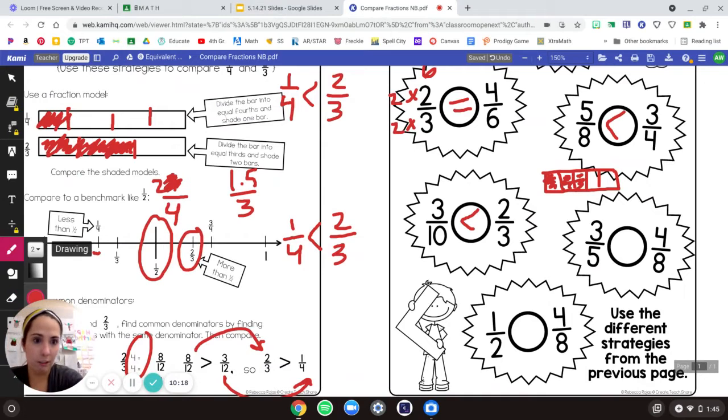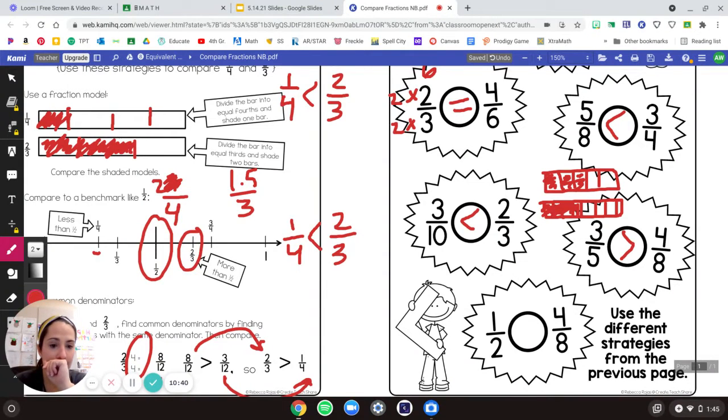Sorry, friends. That's why I don't like the drawing one as much. All right, so I want this. And I'm going to do half would be here. That's fourths. Split it into eighths. 1, 2, 3, 4. Ooh, it's just a little bit under. So 3/5 is actually greater.